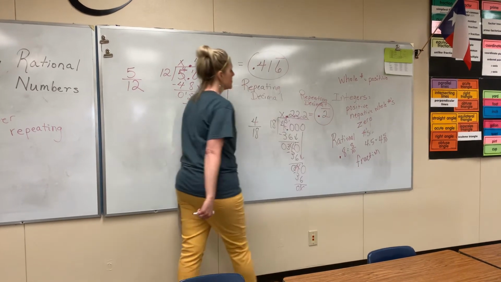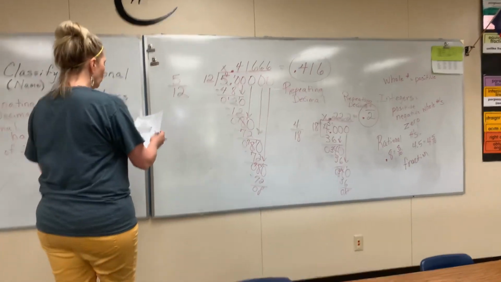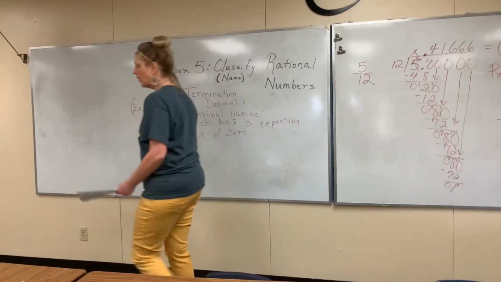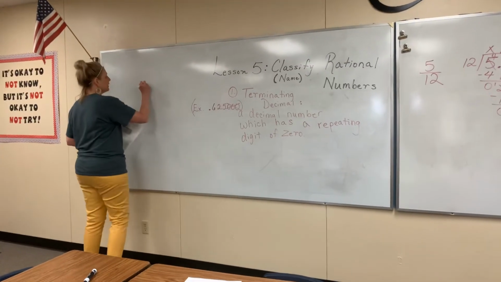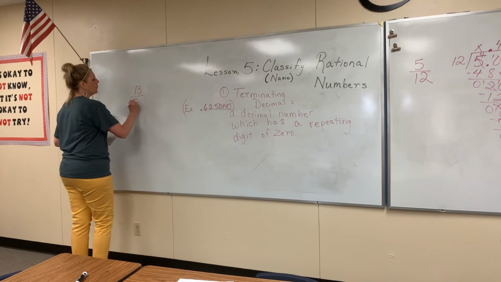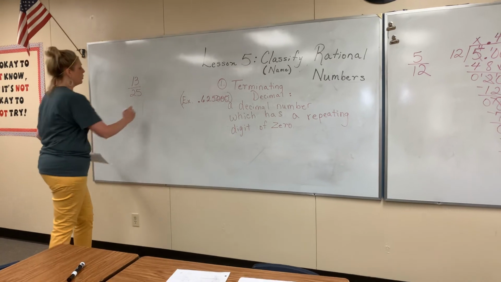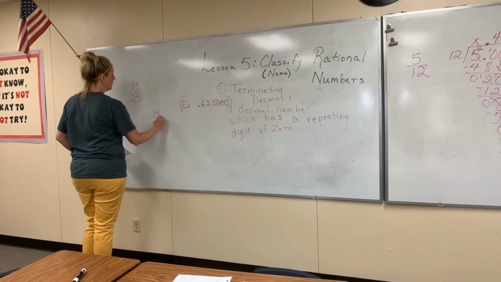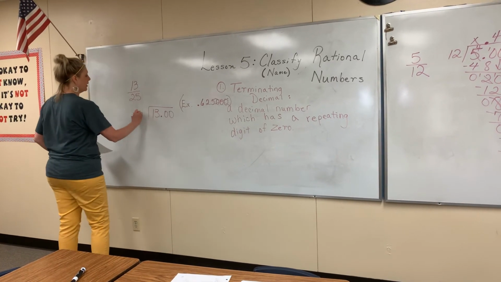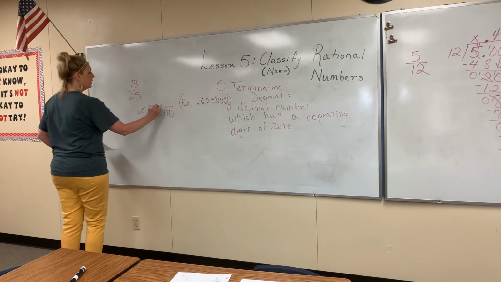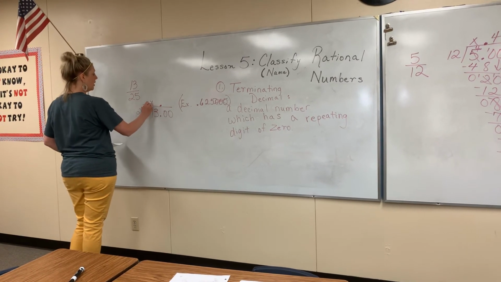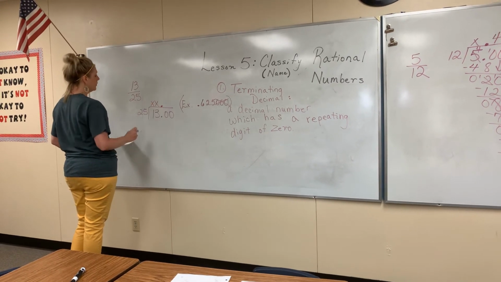Okay? All right? Okay, let's do one more. I want to show you one more. All right, let's do 13 over 25, which is going to say 13 divided by 25. And I'm going to go ahead and add my 2 zeros just because that's what I always do. Bring up my decimal. Can't go in. Can't go in. Whoa.